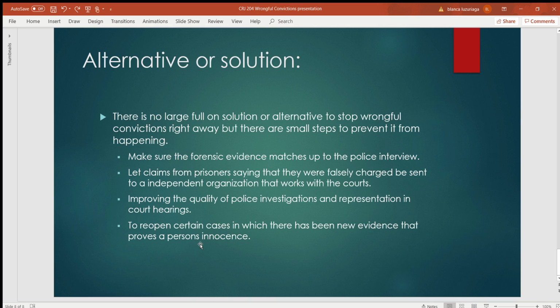Number two would be let claims from prisoners saying that they were falsely charged be sent to an independent organization that works with the courts. What I mean by that is, in the case of House versus Bell, House, about 3 times, petitioned his case to the courts about how he was innocent and he wants a second chance.